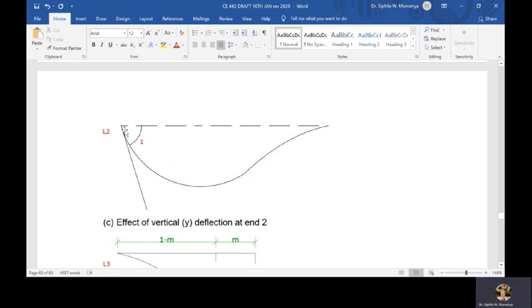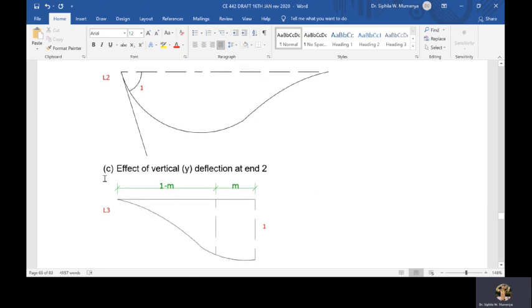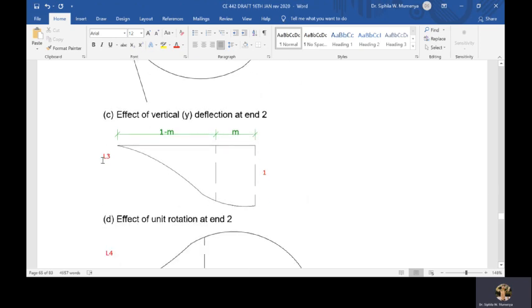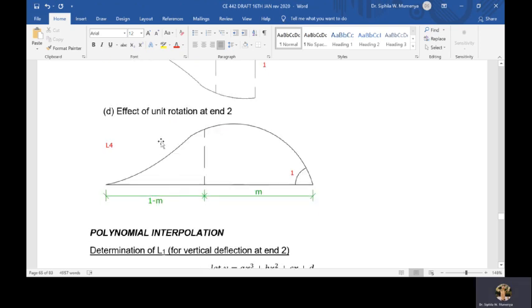The effect of unit rotation will be given by that, and the effect of vertical deflection at end 2 again will be given by that shape. That's a vertical deflection at 2, and the effect of unit rotation at 2 will be given.